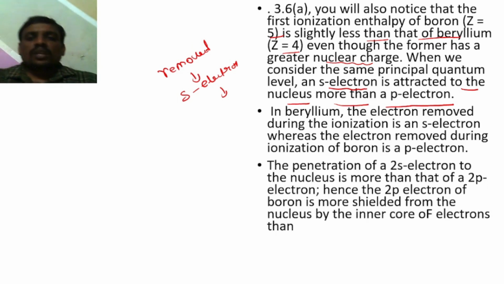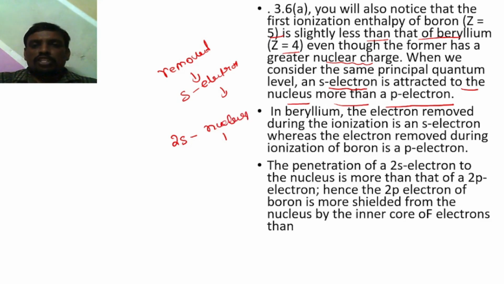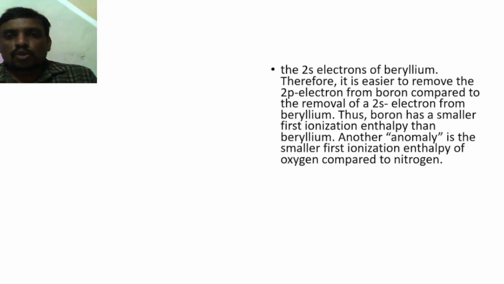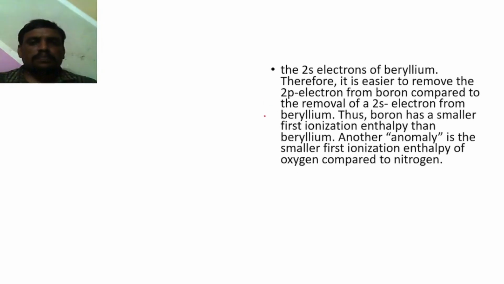The penetration of a 2s electron to the nucleus is more than that of a 2p electron. Hence the 2p electron of boron is more shielded from the nucleus by the inner core of electrons than the 2s electrons of beryllium.